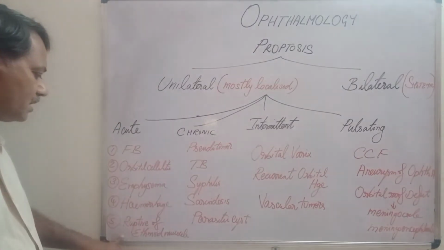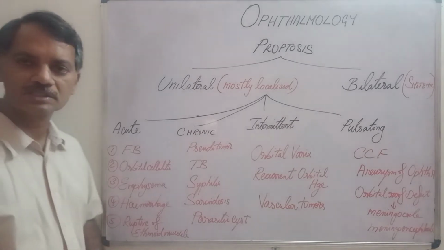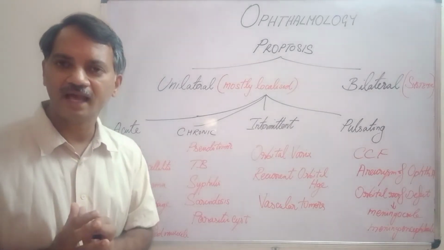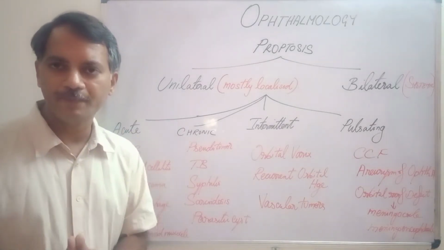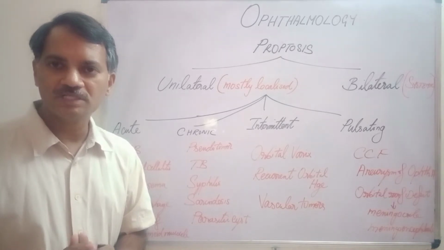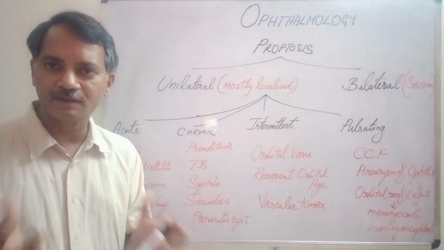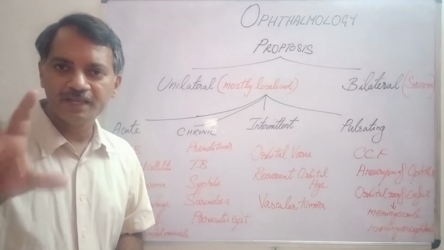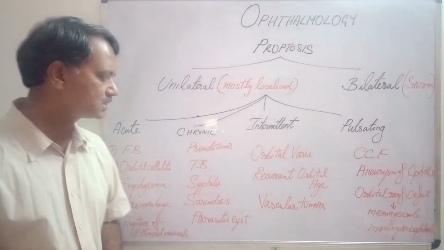Next is rupture of ethmoidal mucoceles. The sinuses can have mucocele development. When these mucoceles become very big and rupture into the orbit, it may lead to a unilateral proptosis.